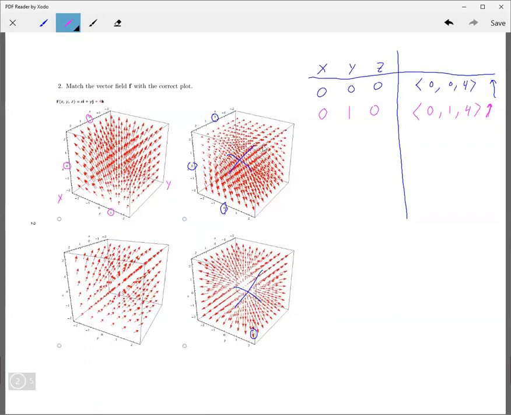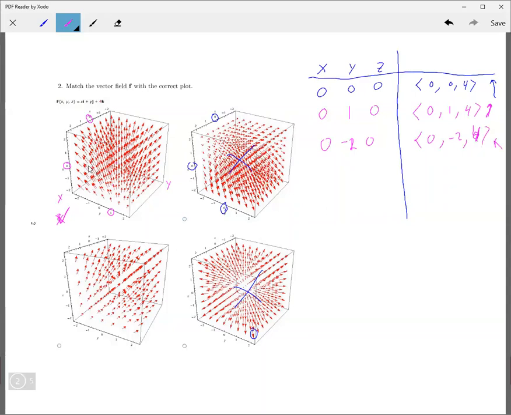I think it's the top one. The top one? I think you're right. Yeah, I think you're right, because if you go -1 here, let's say you go -2, then that's going to be 0, -2, 4. So that's going to be pointing backwards, right?